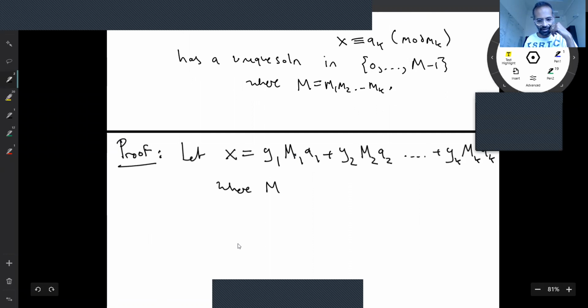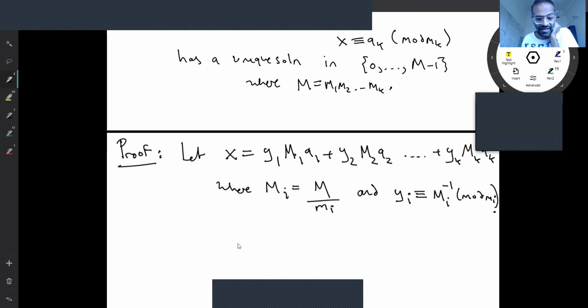Capital Mi is this product M divided by little mi. So it's a product of everything except the ith modulus. And yi is the inverse of capital Mi modulo little mi. Okay, so this is just generalizing what we did in the previous example.